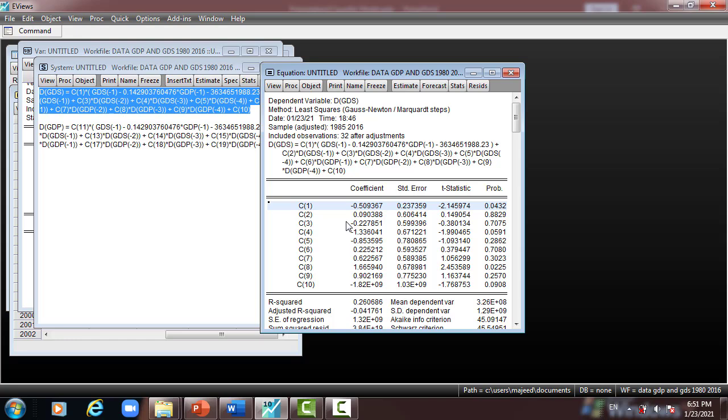You can see the GDP coefficients C6, C7, C8, and C9. If all the coefficients jointly influence GDS, the dependent variable, then we can say there is a short-run causality from GDP to GDS. How to check it?